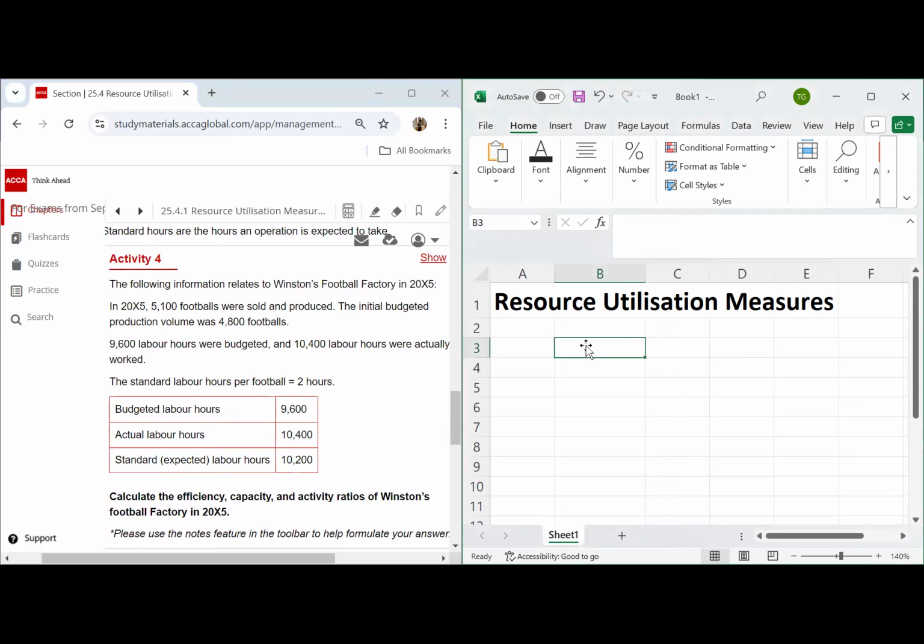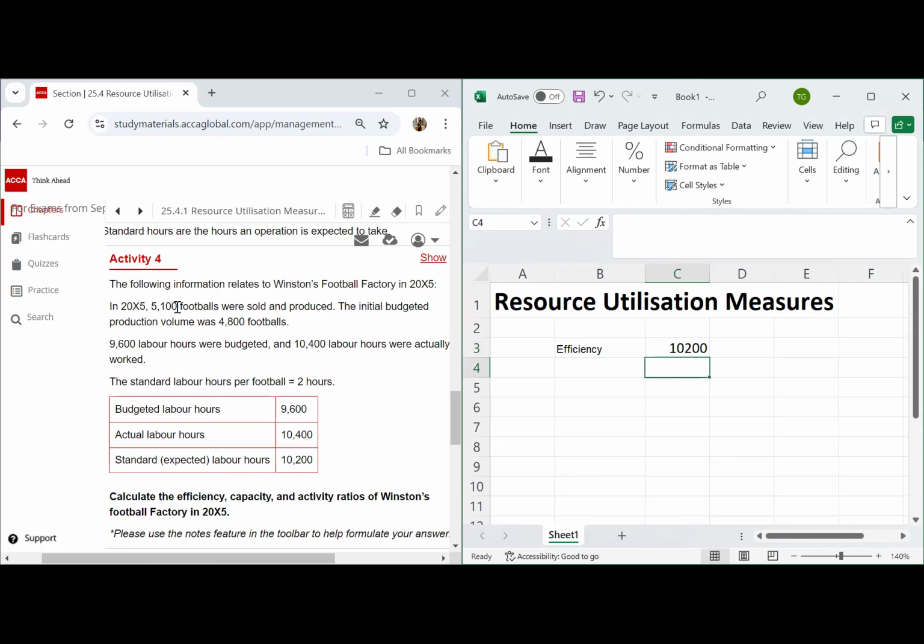So let's find out the very first one, which is the efficiency ratio. So how do you work out the efficiency ratio? The formula that we have learned is expected number of labor hours. So expected is given to us as 10,200. How do we work this out though? You can get to 10,200 by taking the number of footballs which were produced, 5,100, multiplied by 2 hours, which is supposed to be taken for one football.